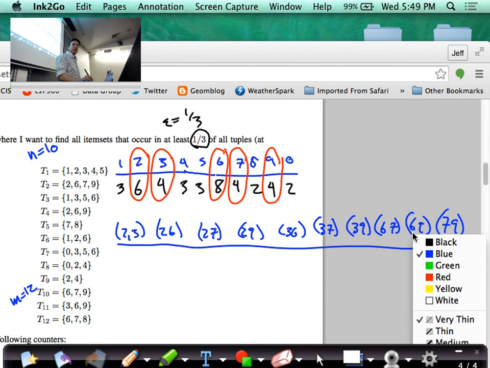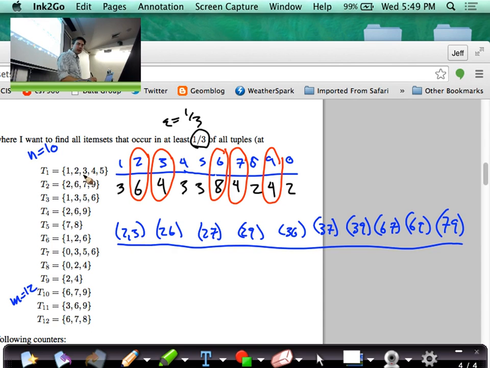Let's see. So we have 2, 3 occurred here, and that's it. So I just get one instance of this. 2, 6 occurred together 3 times. 2, 7 occurred once. 2, 9 occurred twice. 3 and 6 occurred 3 times. 3 and 7 did not occur. 3 and 9, nope.